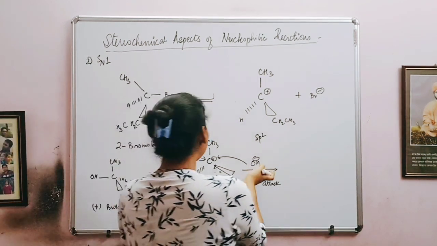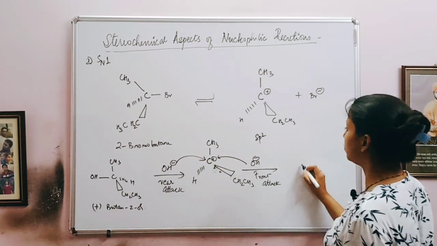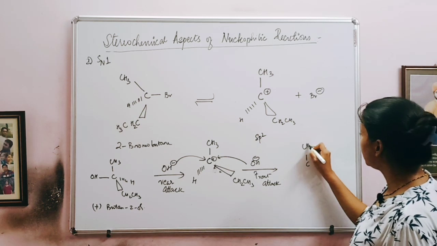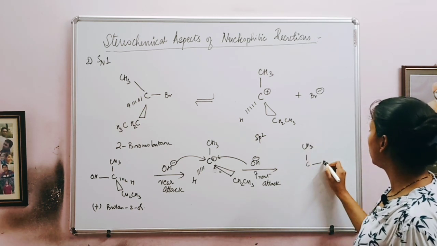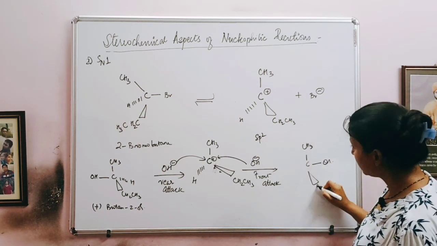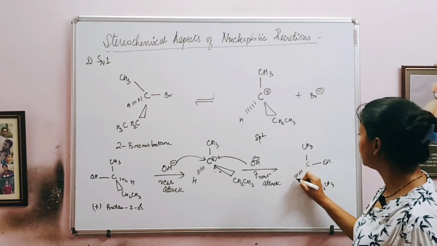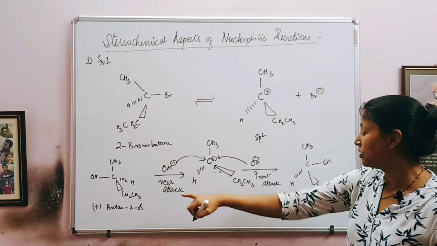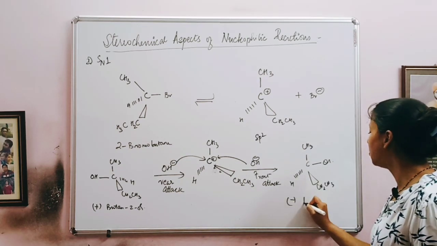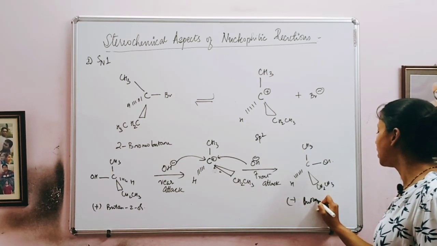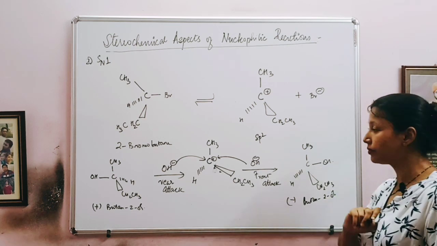Okay, and this is attacking from the front side, so this will be CH3, OH, CH2, CH3, and this one is H. That is minus butan 2-ol.